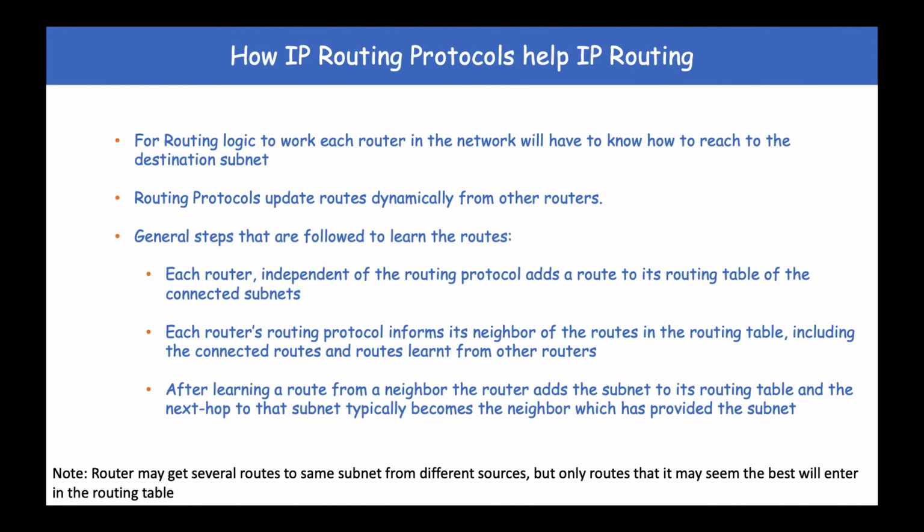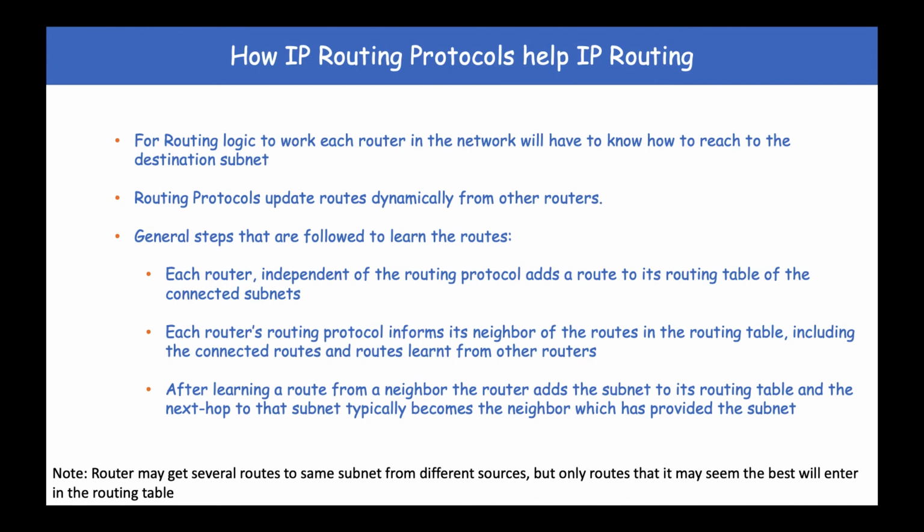And the third is that after learning such a route from the neighbor, the router adds the subnet to its routing table, that is, the router through which that subnet will be available is typically the neighbor router which has sent that route to the router.